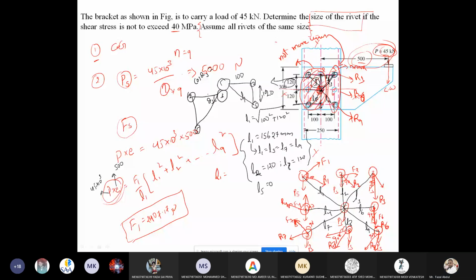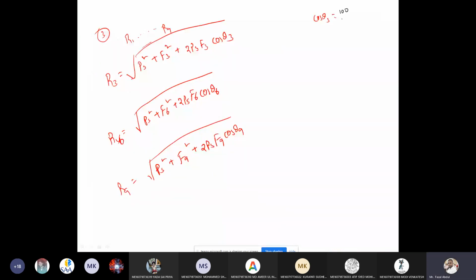The distance is 100, this distance is 120. Now cos theta 3 is 100 by L3. L3, how much did we get? 156.2. So cos theta 3 is 100 by 156.2.